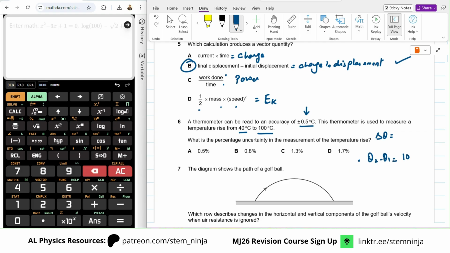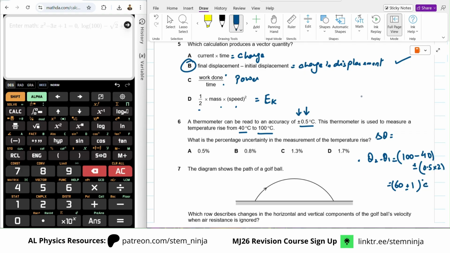Although this is 100 minus 40, you have the uncertainty plus minus this involved. So plus minus 0.5 times 2, because 0.5 plus 0.5. So this would be 60 plus minus 1 degree Celsius.